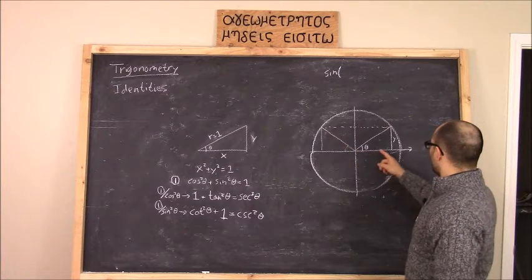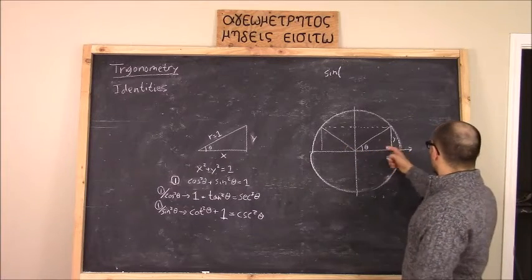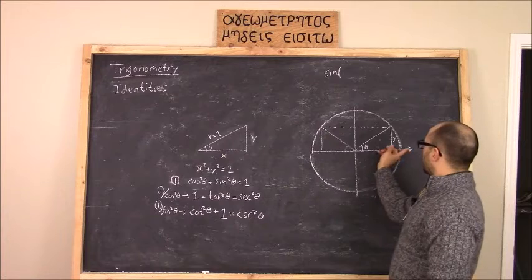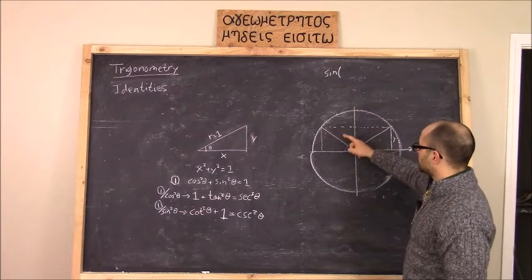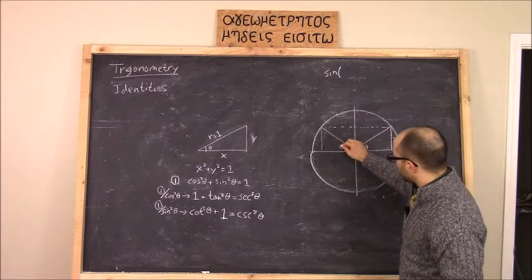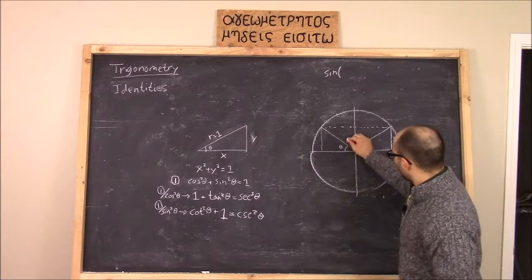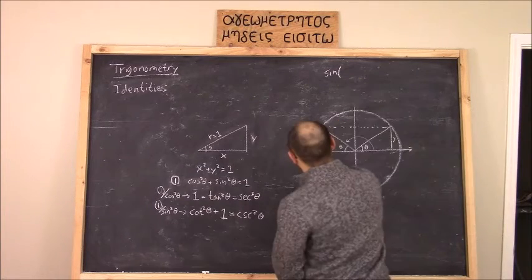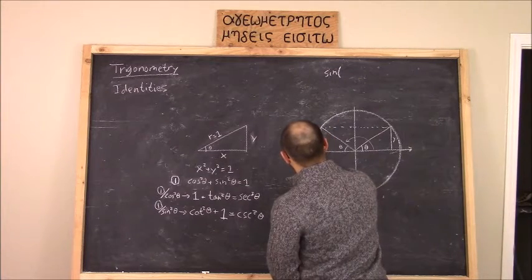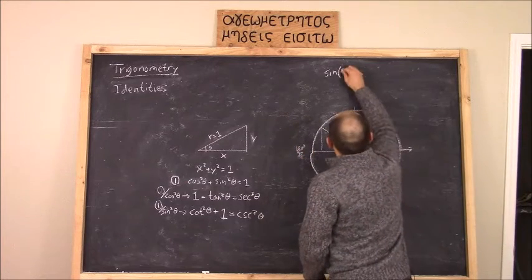Sine of, what is this angle? I should note that we normally define angles from the positive x-axis going counterclockwise. So if this is theta, then this angle is going to be 180 degrees minus theta. 180 degrees is also equal to pi radians.